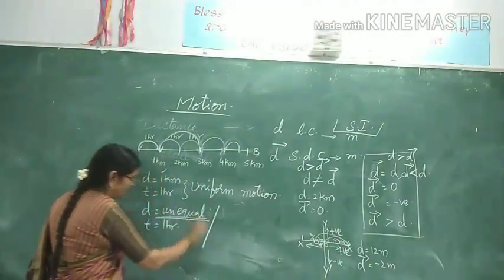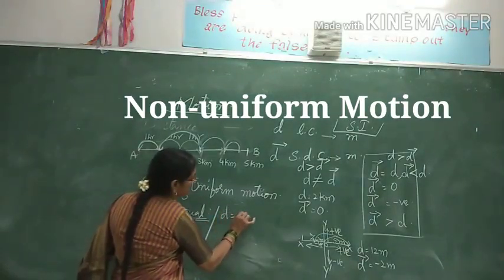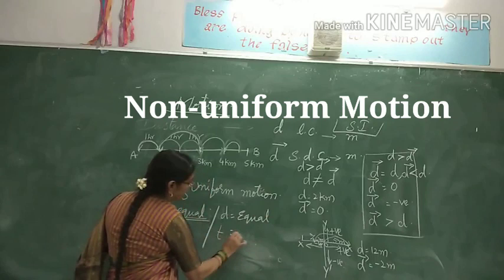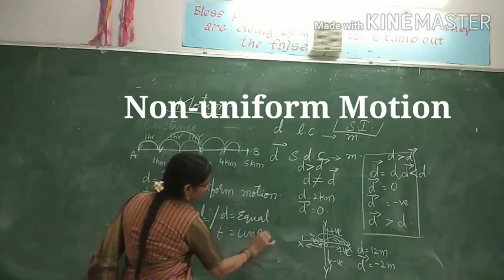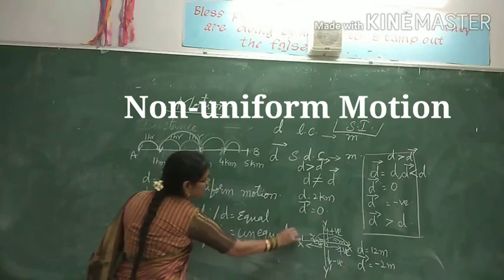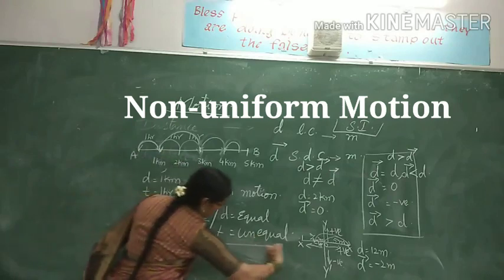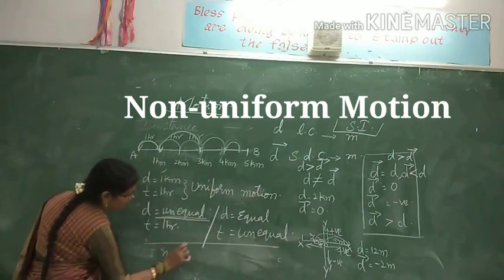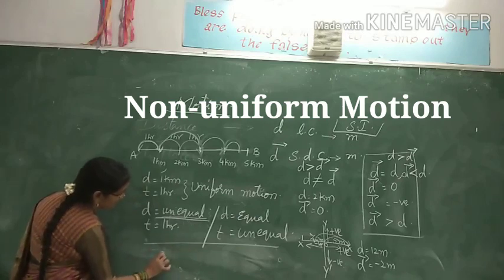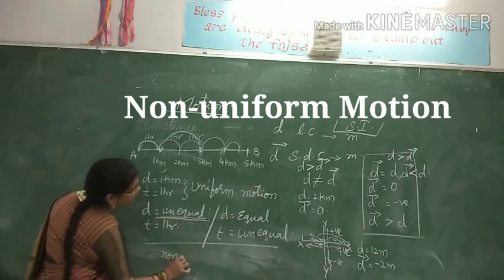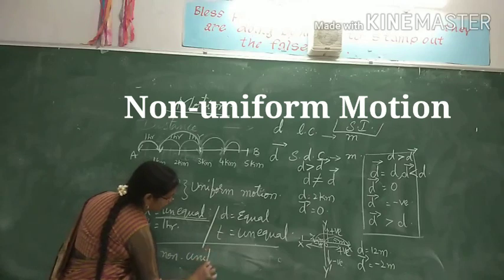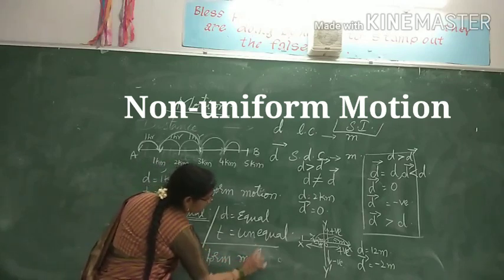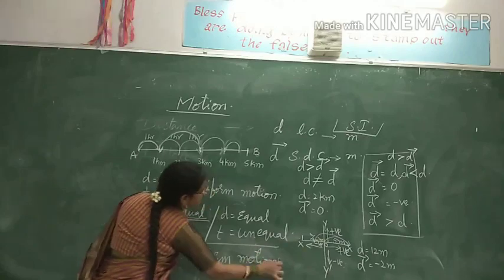Otherwise, if the distance covered is equal and the time interval is unequal, then this kind of motion is known as non-uniform motion. So two we have discussed here.